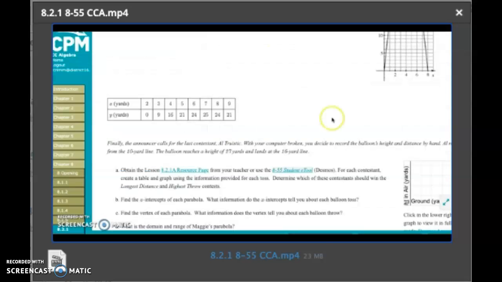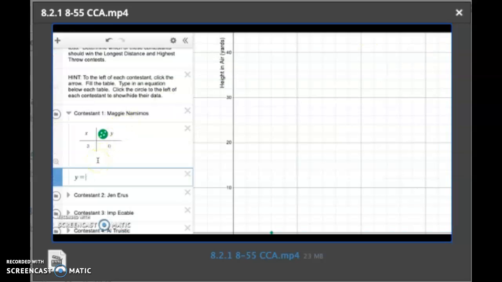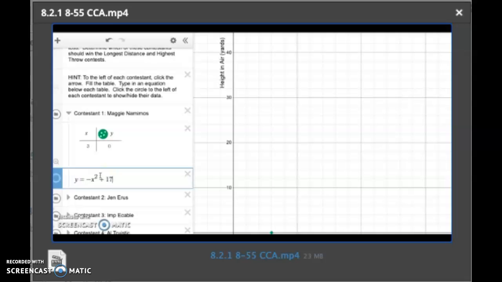I'm just going back to peek at that again. Her equation was negative x squared plus 17x minus 42. Negative x squared plus 17x minus 42. And then I'm going to click on this little circle and it will graph it for me.